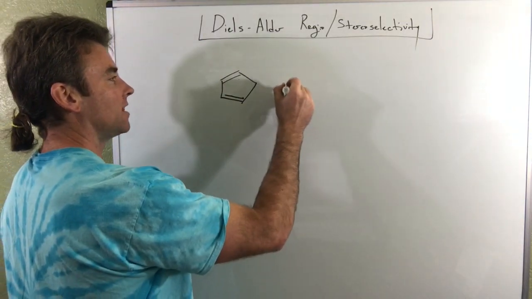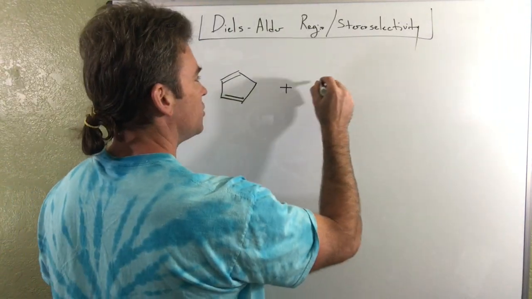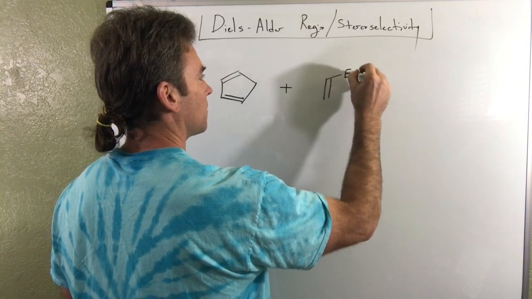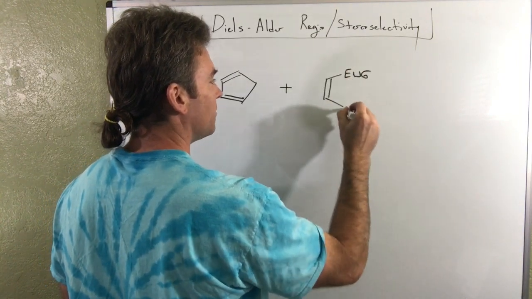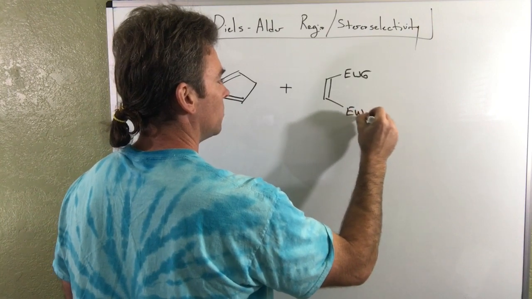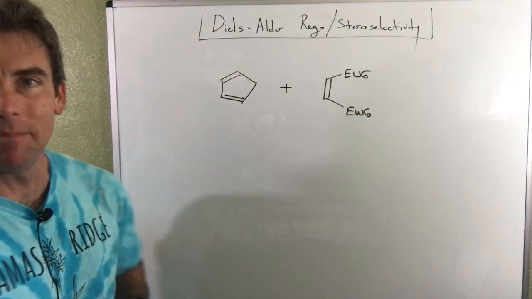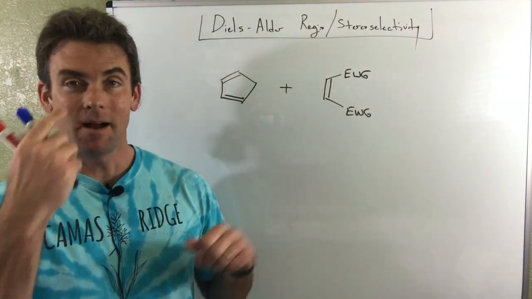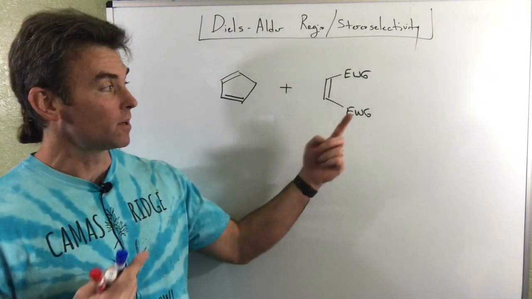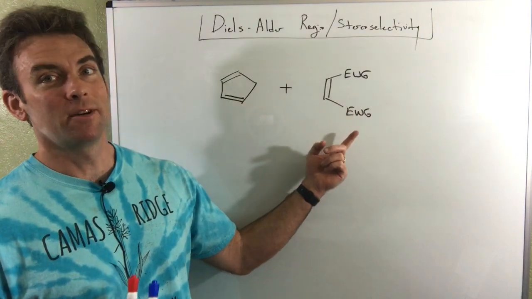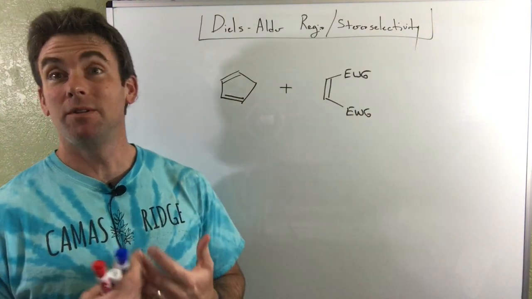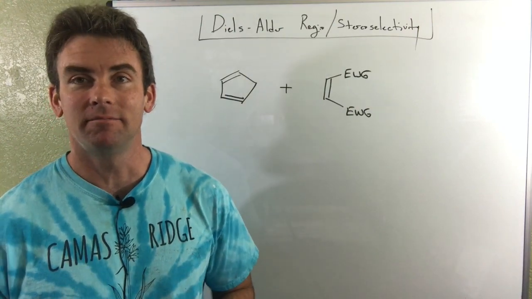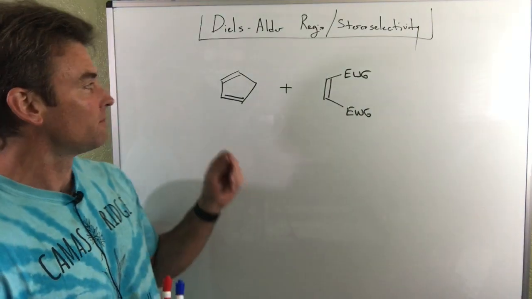And we're going to react this with a generalized dienophile with electron withdrawing groups. Keep in mind, we talked about requirements in both of these reactants, and that electron withdrawing groups are pretty much required for a Diels-Alder reaction to happen, and those include things like halogens, nitriles, carbonyl-containing species and such.